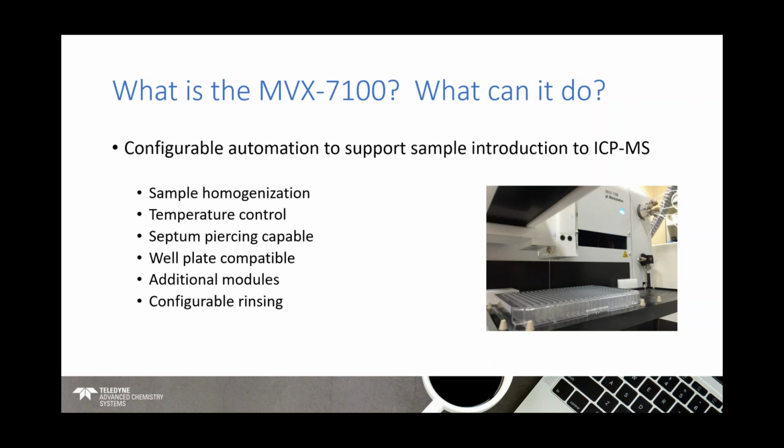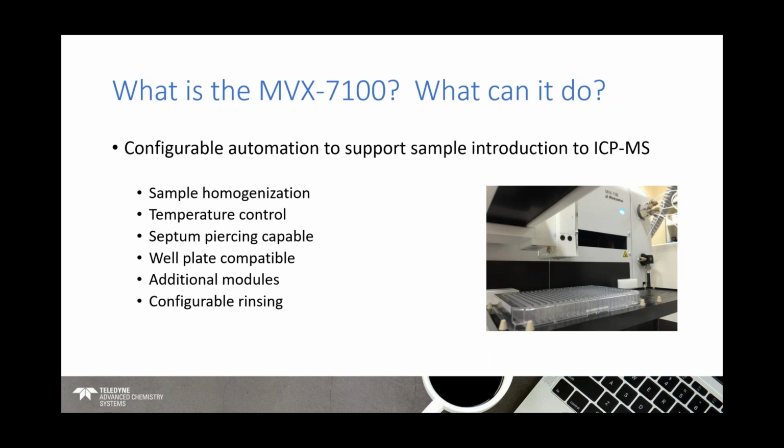In addition to the sample introduction side, the MVX can also be configured to support sample introduction to ICP-MS in terms of things like sample homogenization. So if you need some homogenization, some mixing, some turbulence in your sample immediately before sample introduction, that can be offered with this system. There's an option for temperature control if that's required, particularly for very low sample volumes. That might be a necessity.